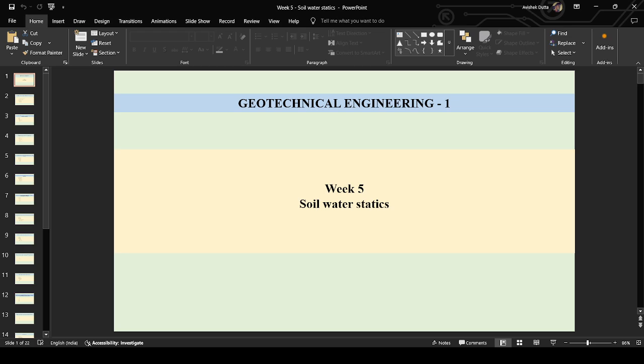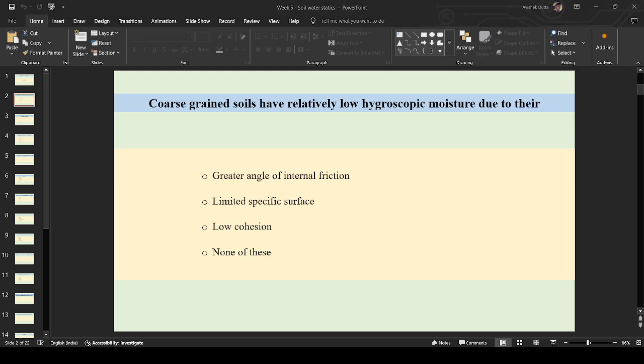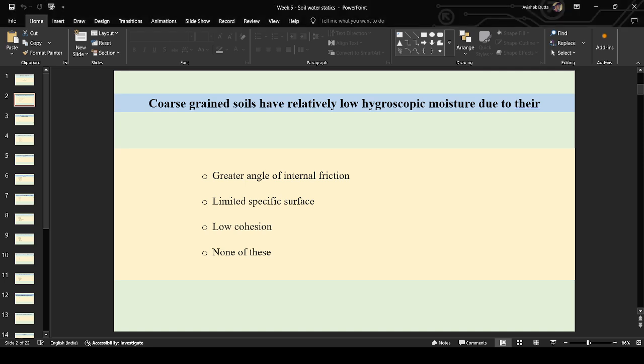Good evening, everyone. This is the fifth live discussion session of the course Geotechnical Engineering 1. The topic of today's session is soil water statics. I'll start dictating the questions now. The first question is: coarse grained soils have relatively low hygroscopic moisture due to their.